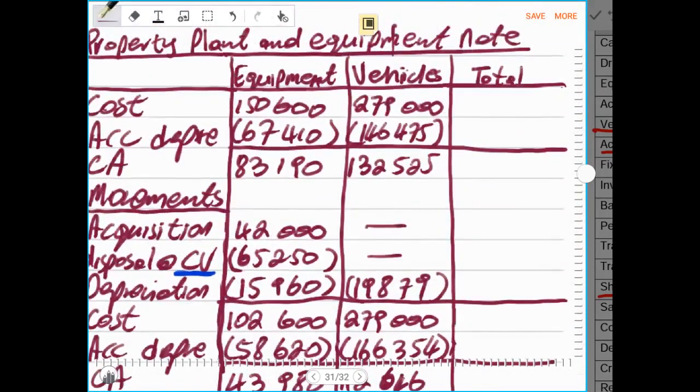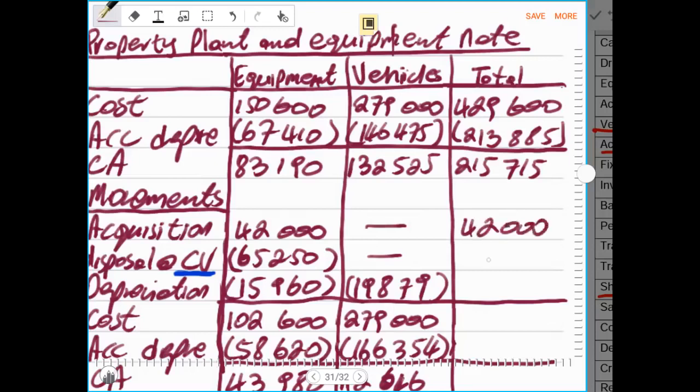Then after we can just totalize that. Total under the cost is 429,600. Then after we have 213,885, and we have carrying amount as 215,715. Then we have 42,000 rands here, and we have negative 65,250, and our total depreciation will be 35,839.